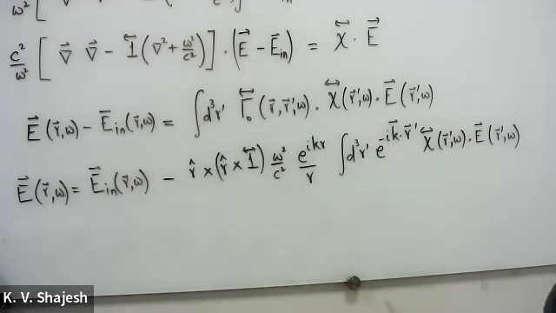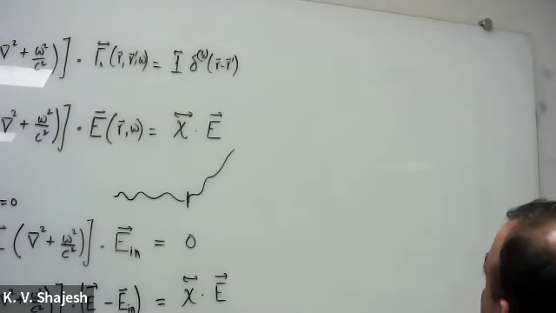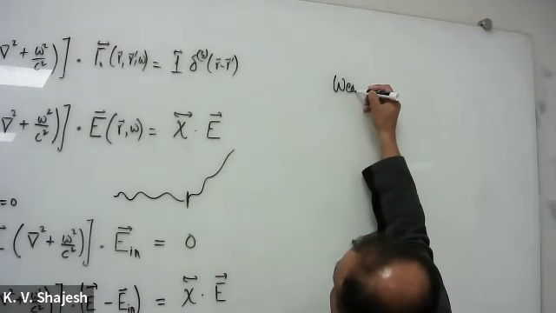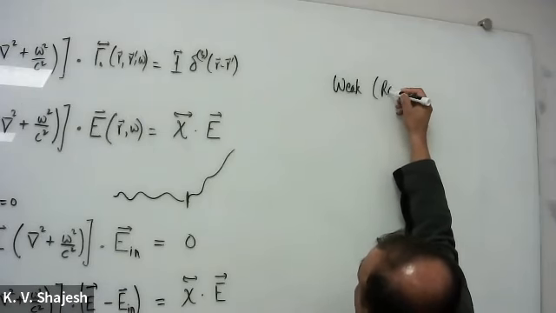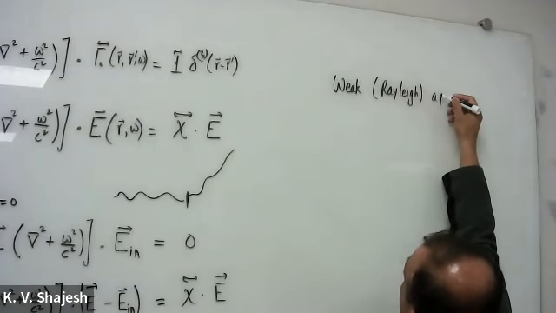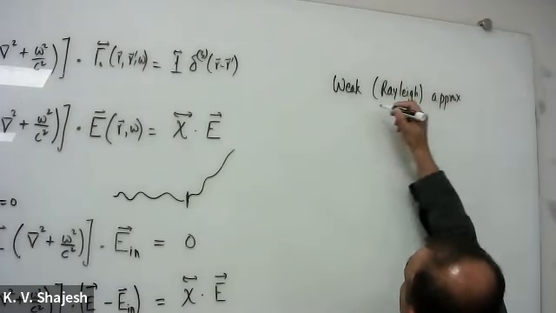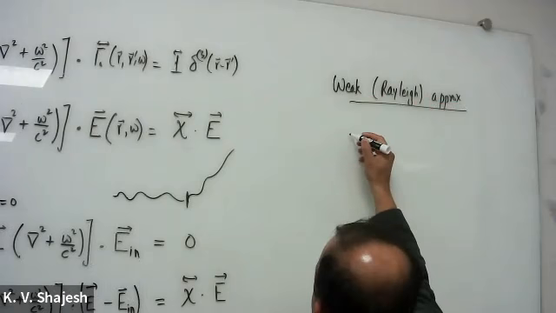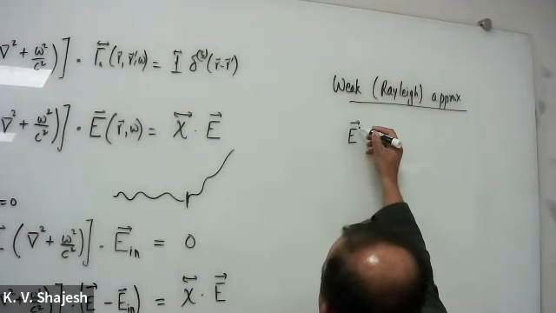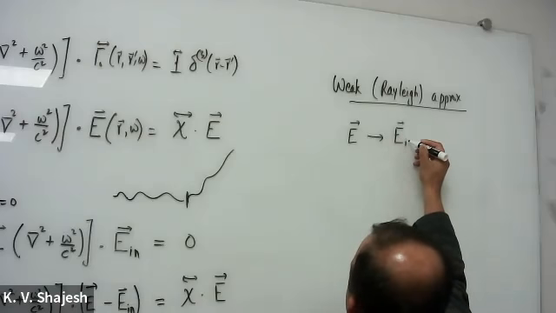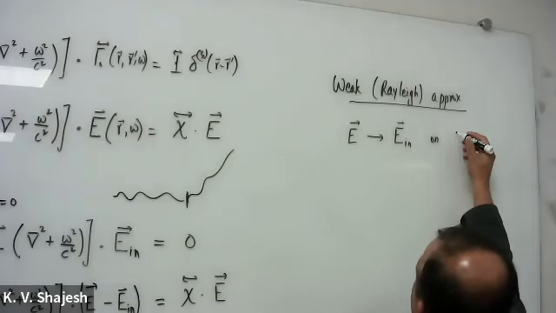So the Rayleigh approximation, or weak approximation, is when you replace E with E incident on the right side.